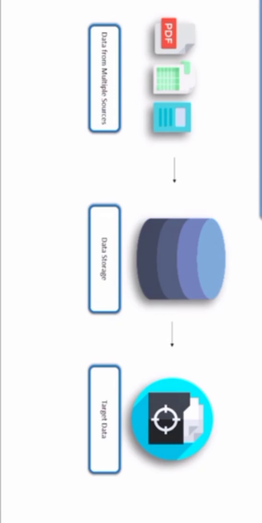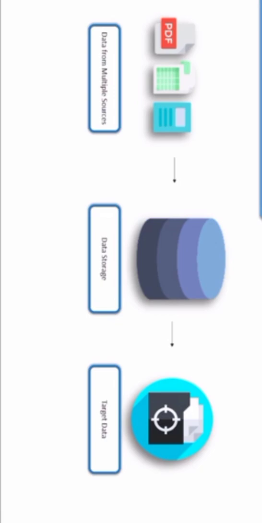As you see over here, this PDF file might be coming from source 1. This Excel file might be coming from source 2. This document might be coming from source 3. You would have to collect all of this data, which is of different types and different formats, and store it in a central storage repository. You can call this central storage repository your data warehouse, where you're storing all of your acquired data.